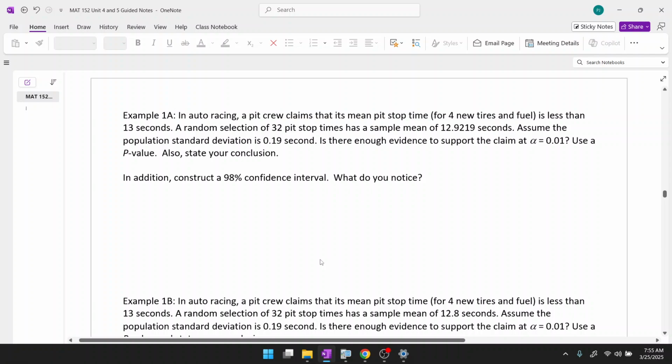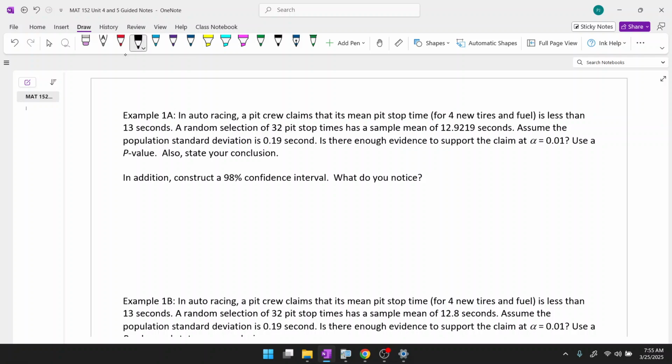Now, if you look at this example for 1A, 1B, and 1C, basically, a pit crew claims that its mean pit stop time for 4 new tires and fuel is less than 13 seconds, and a random selection gives you a sample mean, and the sample mean is going to change. That's going to be the only thing that changes in all these problems. But needless to say, since the sample mean is less than 13, and it says the mean pit stop time is claimed to be below 13, that's going to be your alternative.